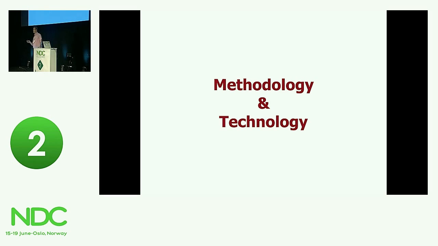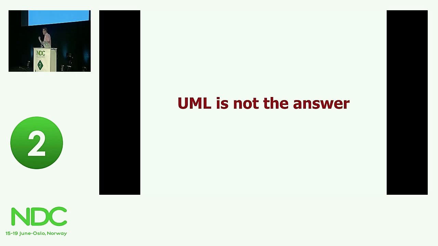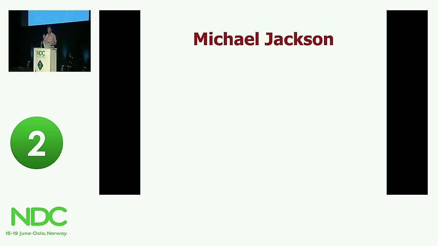Yes, including enterprise architects, also sitting down. Good, thank you. UML is not the answer. I haven't found a problem where UML is the answer yet. And given the kind of things I've seen, I do not want to see a problem where UML is the answer. And one of the things, actually Michael Jackson has something to say on this.